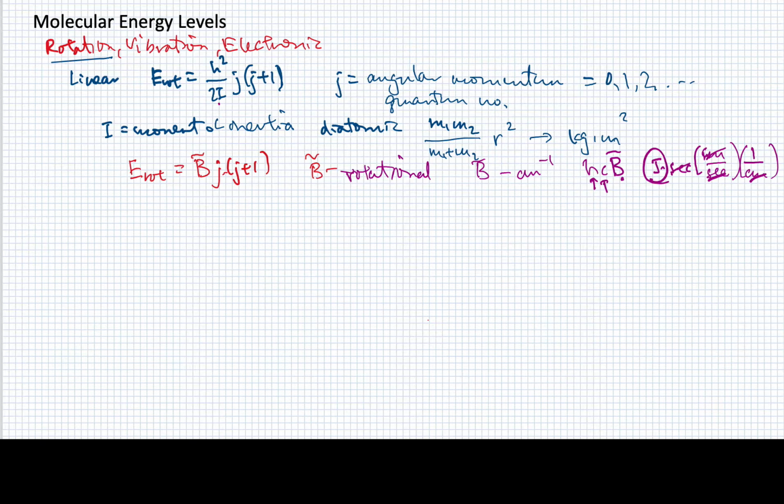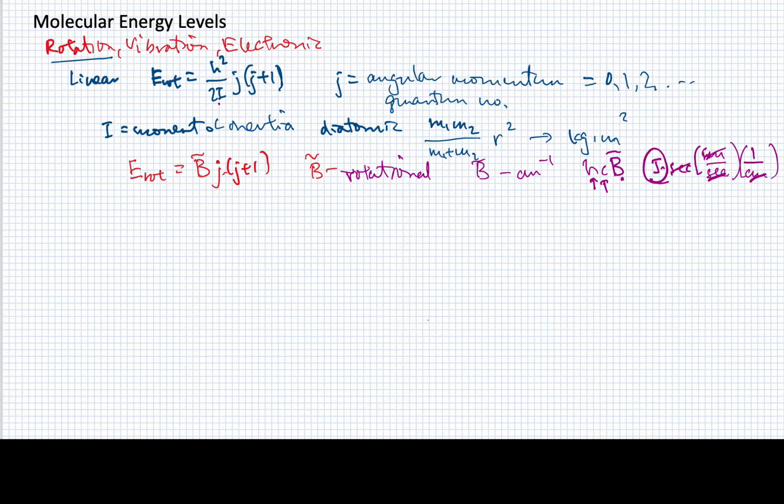Okay, now these rotational energy levels, you can see that actually as J increases, these are going to get farther apart. But the other thing that is true of these rotational levels is that each one of these levels contains 2J plus 1 different states. So in other words, it has a built-in degeneracy.